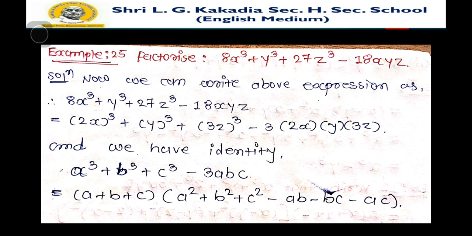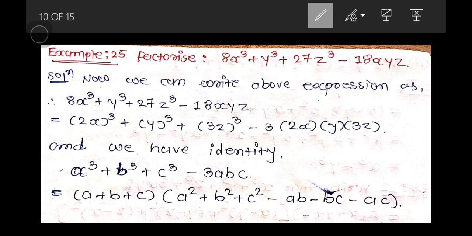Now about example number 25. It is also similar to the given example. Here it is given: factorize 8x cube plus y cube plus 27z cube minus 18xyz. Remember that we have studied this identity.